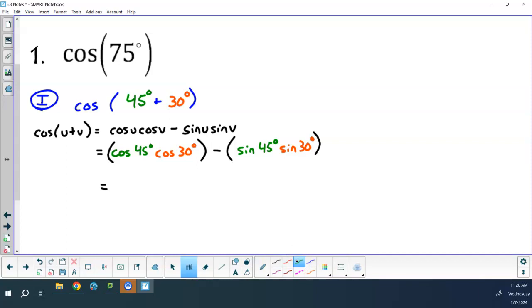Well, I want 45 degrees. Yeah, but it sounded like you said pi first. Yeah, but it is just the square root of 2 over 2. Yes. Cosine at 30 degrees. Sine 45 degrees. Sine 30 degrees.